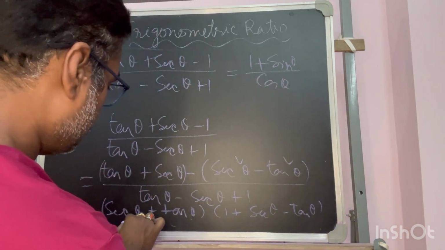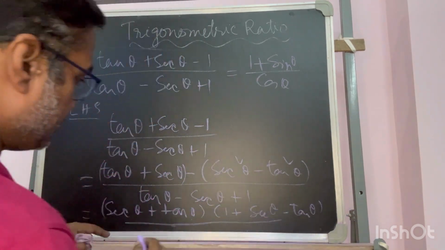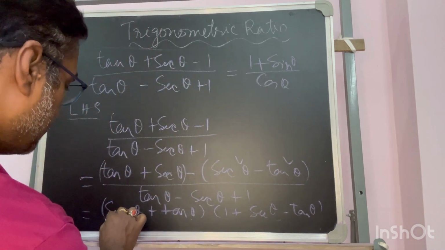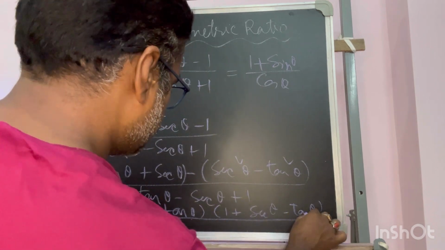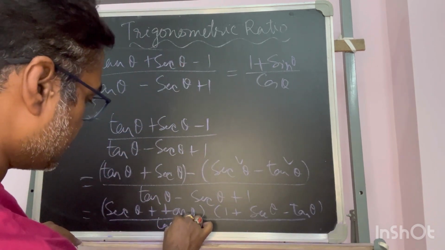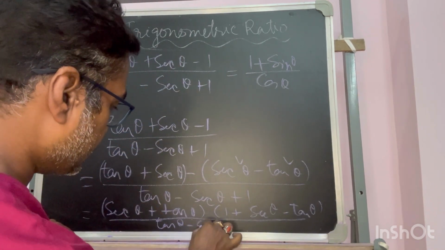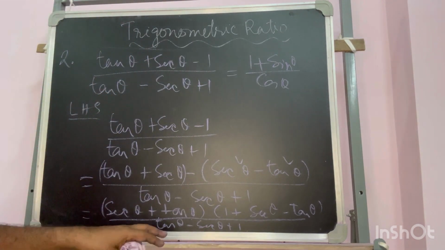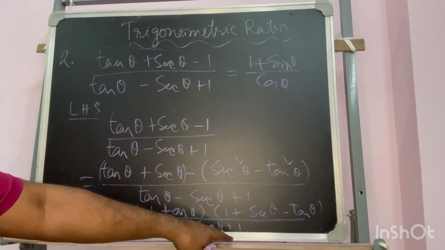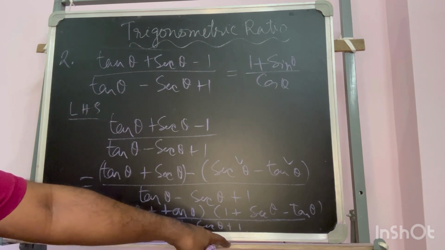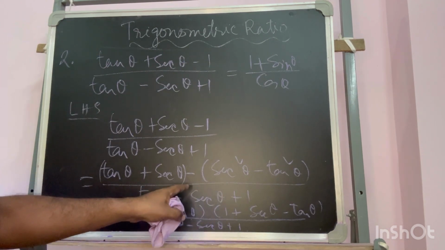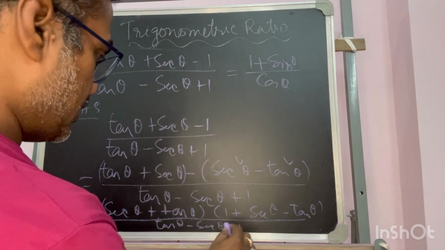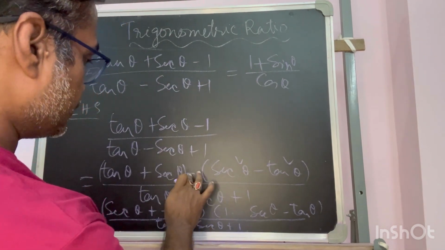Now in the bottom, as I didn't do anything, it will remain as earlier: tan theta minus sec theta plus 1. Here on the top it is minus, sorry, I made a mistake. So it is a minus.